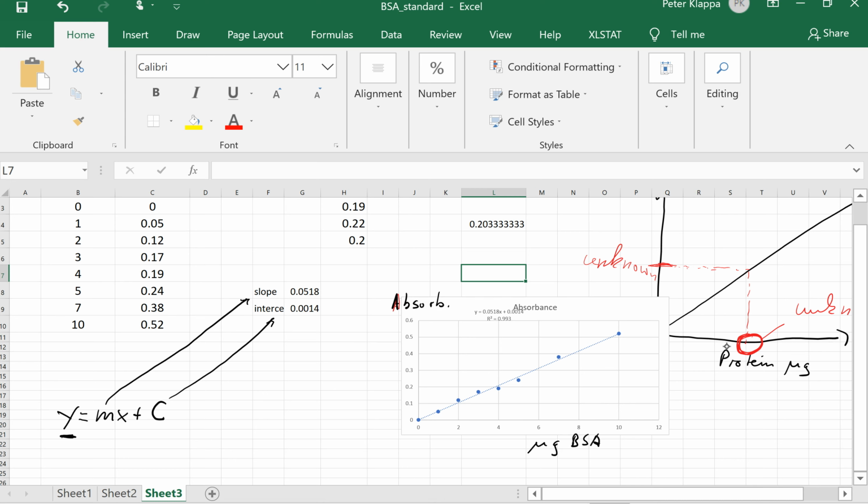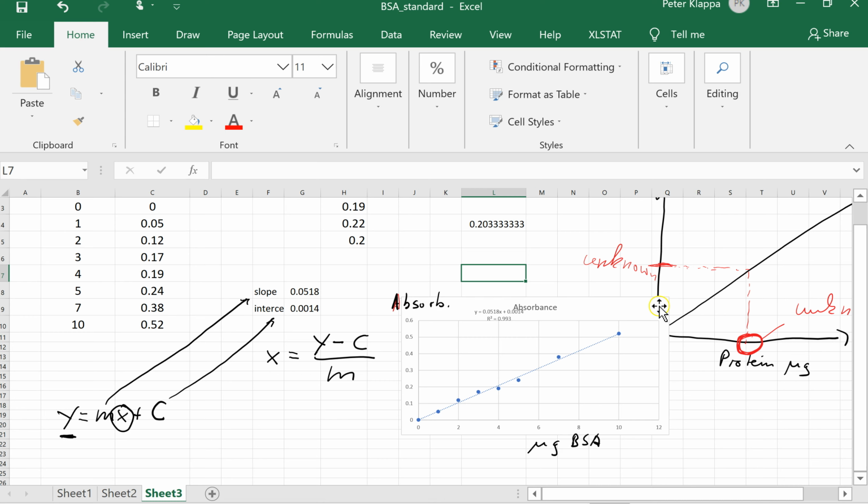What we want to know now is the corresponding x value on the microgram BSA axis. So we can very easily rearrange this equation and say x equals y minus c divided by m.